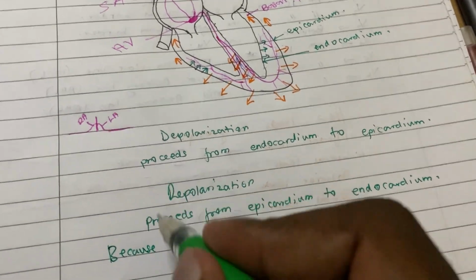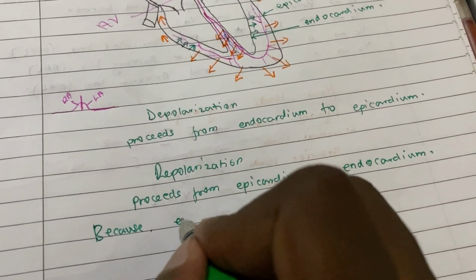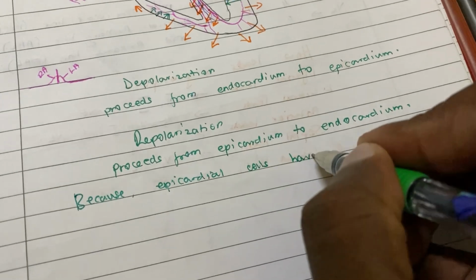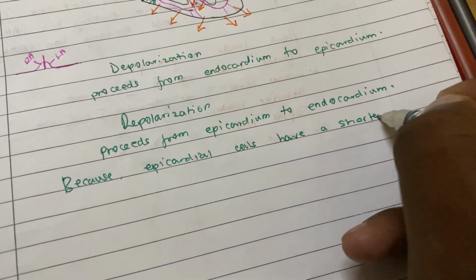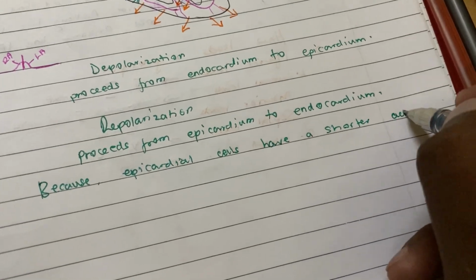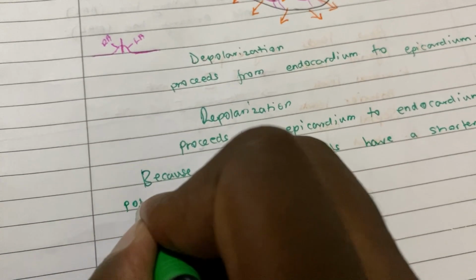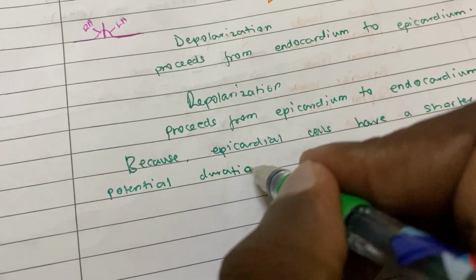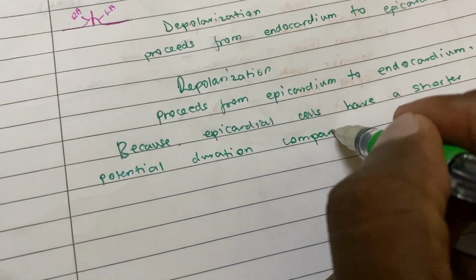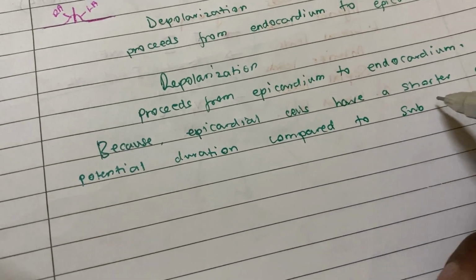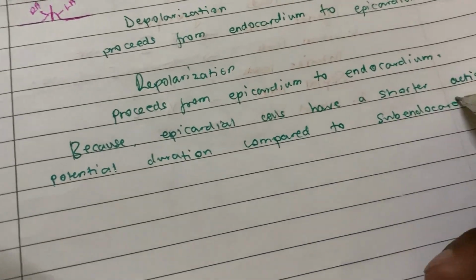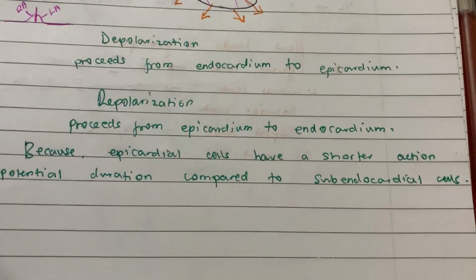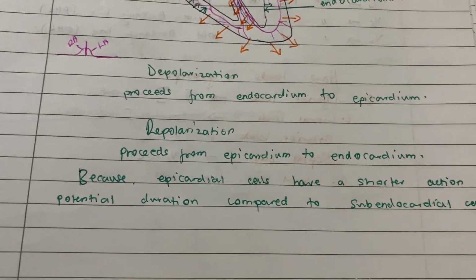I write: epicardial cells have a shorter action potential duration compared to subendocardial cells.